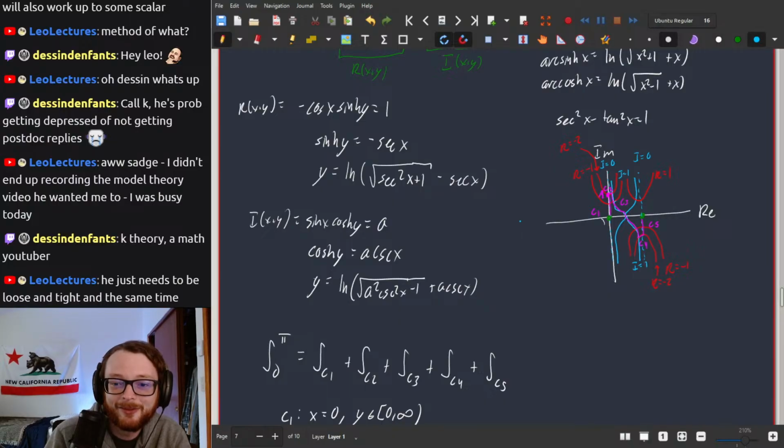Okay, so C3 is this piece of the contour here. So I should be using that color. So I think we might need to split up into an upper half and a lower half.